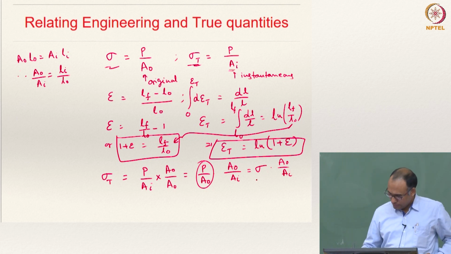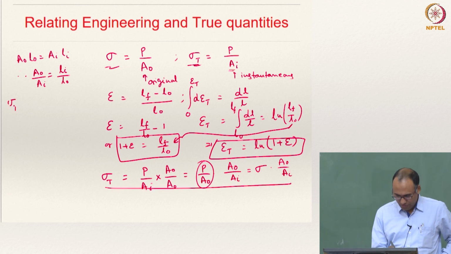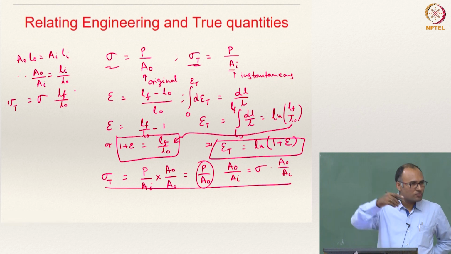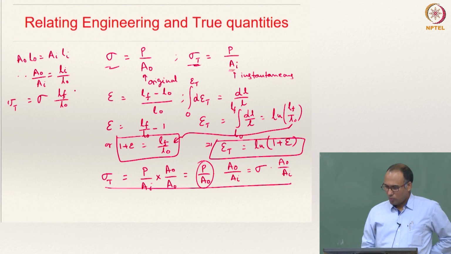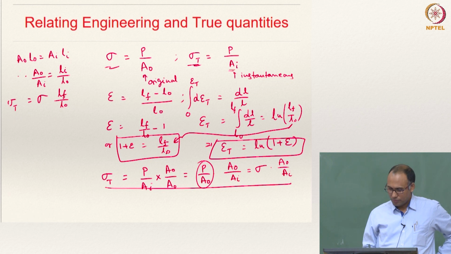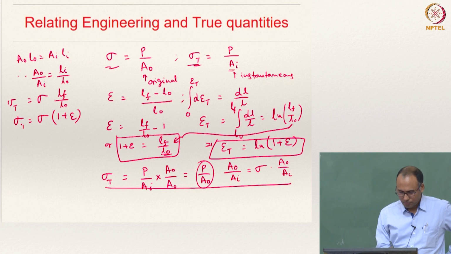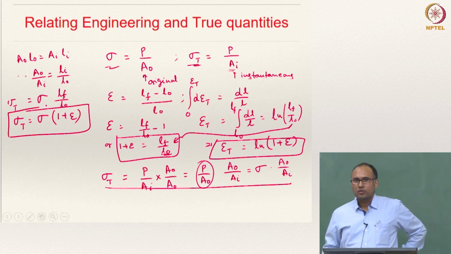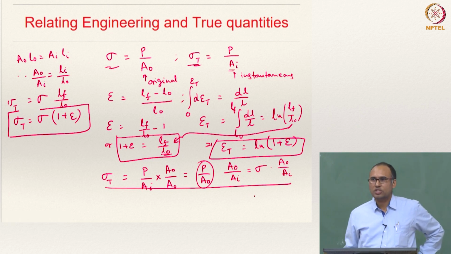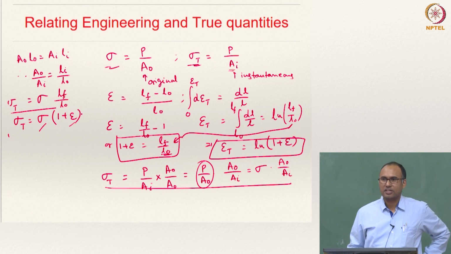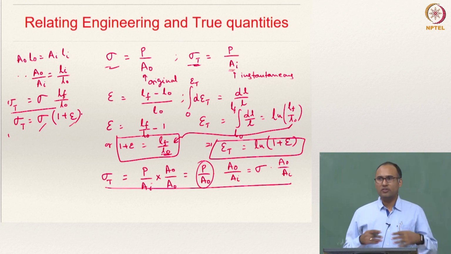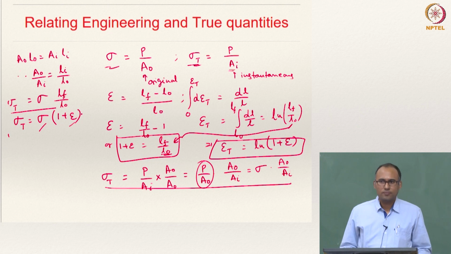So, then I can write sigma T equal to sigma times Li by L naught or LF by L naught, the instantaneous one, wherever you want to find out. So, what do I know about LF by L naught? Again, I know that LF by L naught is 1 plus epsilon. So, that is how you can relate the true stress with the engineering stress and engineering strain, right. Given your true quantities, you should be able to find out engineering quantities and vice versa. All right.